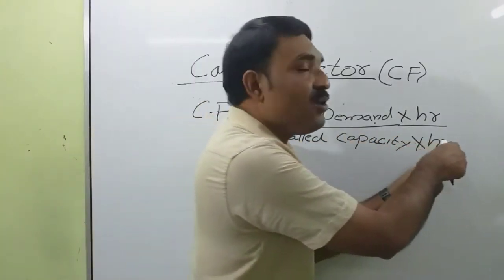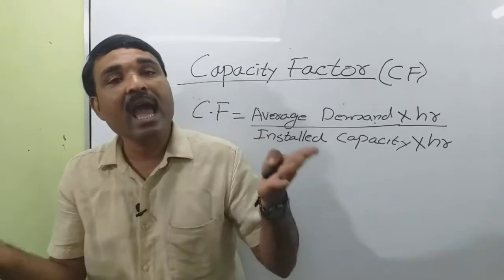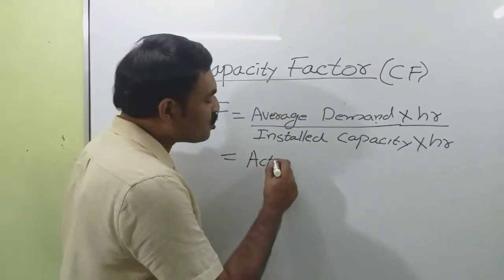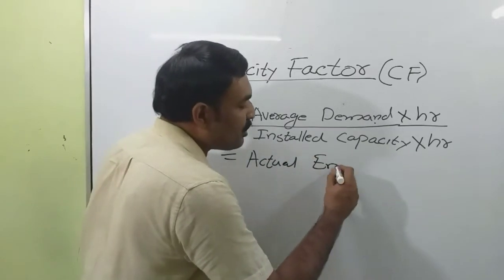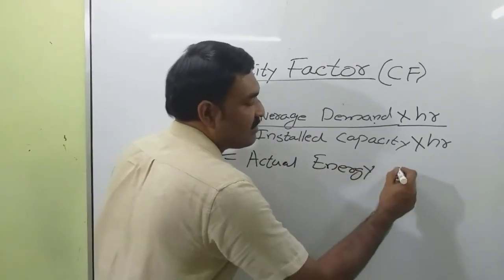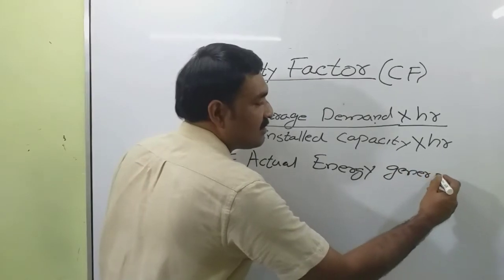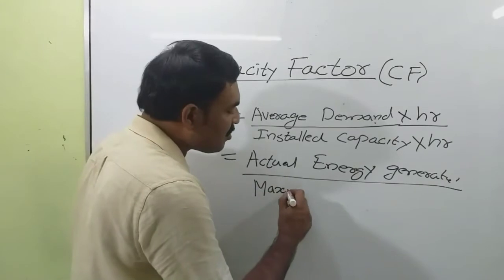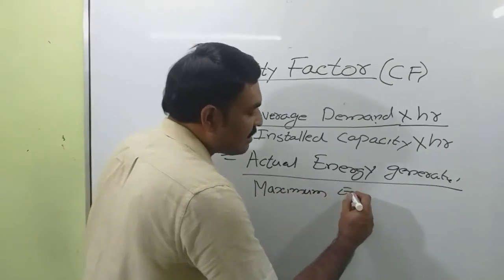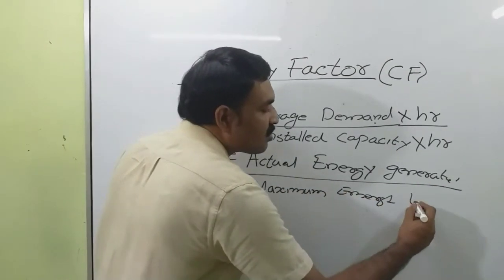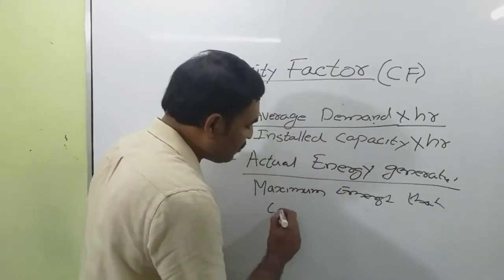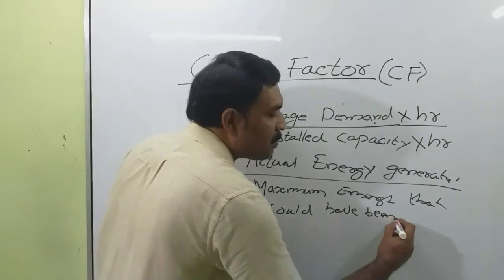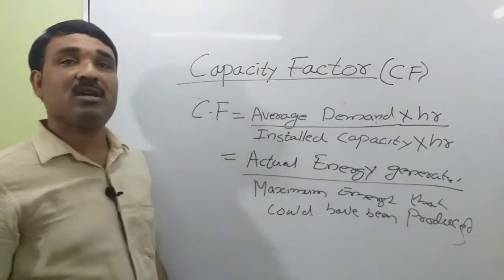Installed capacity into hour means the energy that can be produced during that time. So this is equal to actual energy generated divided by the maximum energy that could have been produced in the power station.